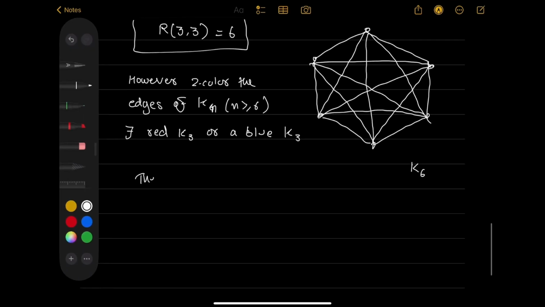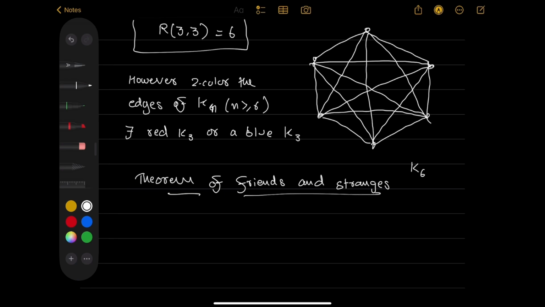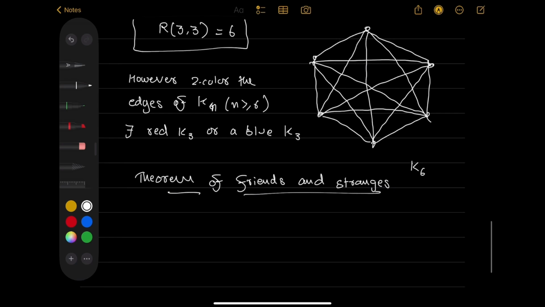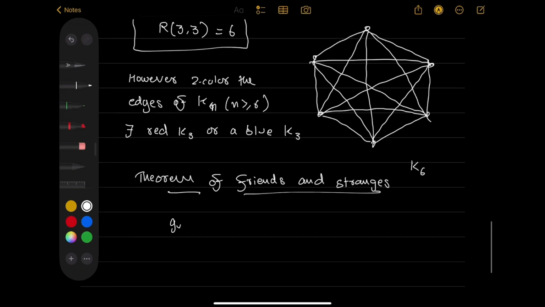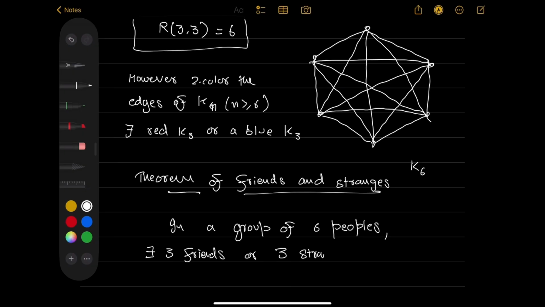Basically this result is very famous and it is known as the theorem of friends and strangers. It is stated as: in a group of 6 people, there exist 3 complete friends or 3 complete strangers.